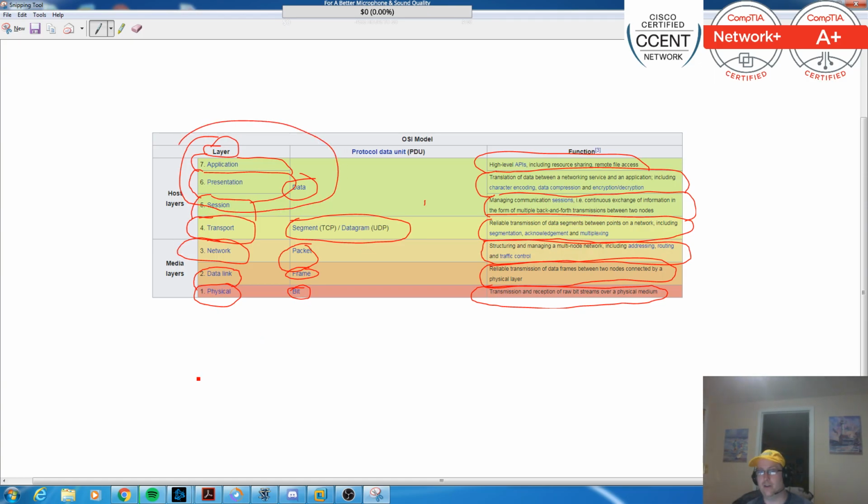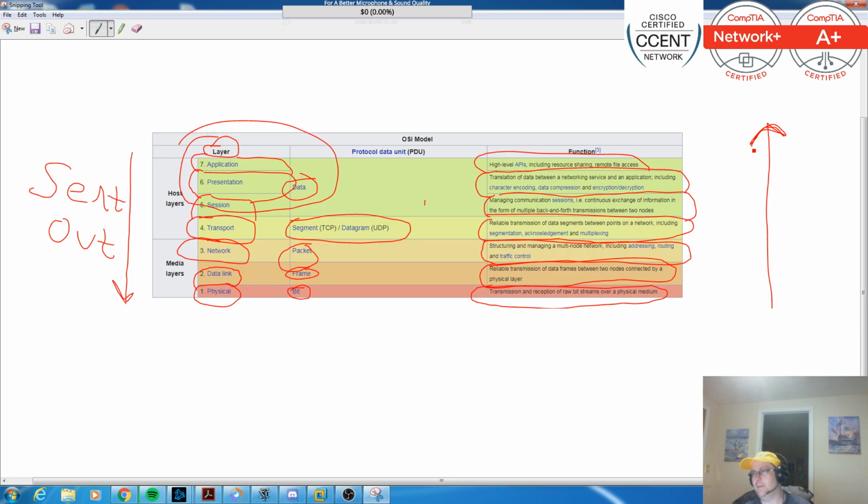You will have to know 4, 3, 2, and 1, which is the transport layer, network layer, data link layer, and physical layer. And you do need to know that these flow down when being sent out. And whenever it's being received, it flows down to up, which should make sense.